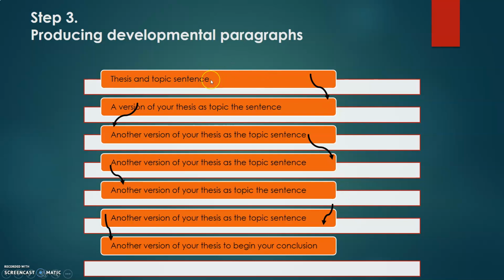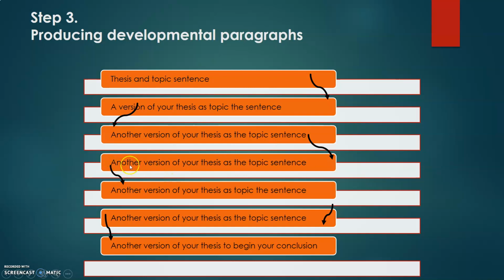So you begin paragraph 1 and you're going to state your topic sentence, and that's also your thesis. Ensure that when you go to paragraph 2, it is a version of the thesis. Paragraph 3, another version of your thesis, and that's going to be your topic sentence.